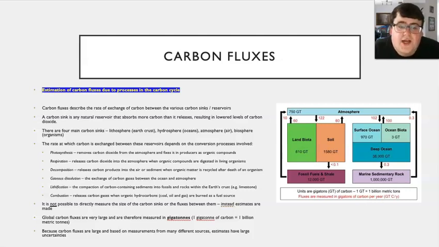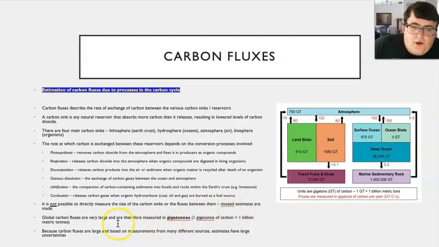The rate at which carbon is exchanged between these reservoirs depends on the conversion process involved. There's a whole lot of conversion processes I'll leave you to write and read about there. But the problem with these carbon fluxes is it's not possible to directly measure how big these carbon sinks are or how big the flux is between them, so we have to make estimates instead.